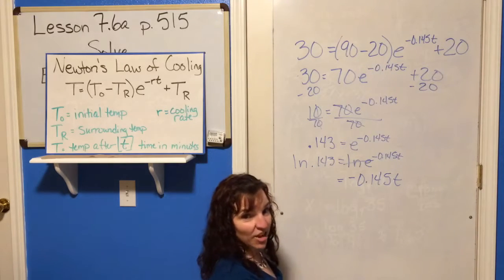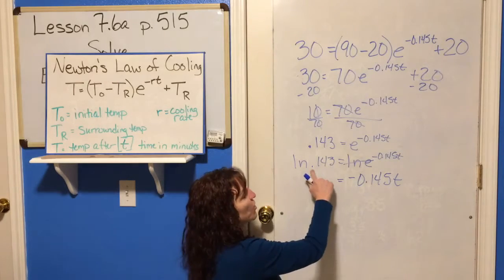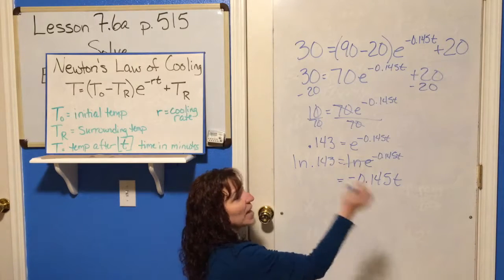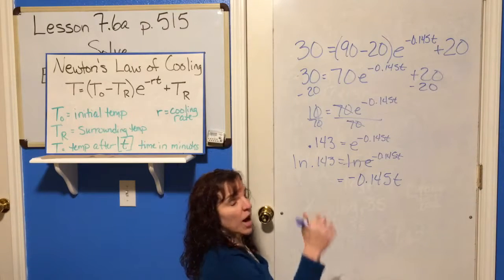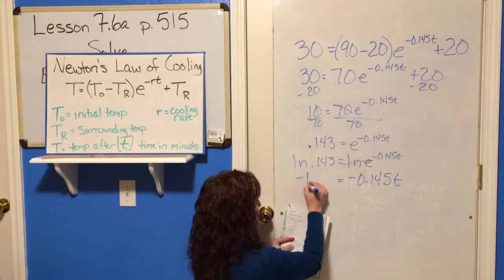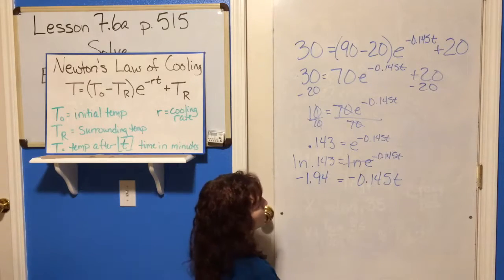So then all you do is put the natural log of 0.143 into your calculator. If you've got a scientific calculator, press the log button first. If you don't, press in 0.143 and then push the ln, the natural log button. And that amount is negative 1.94. Go ahead and do it on your calculator and make sure you get the same number.